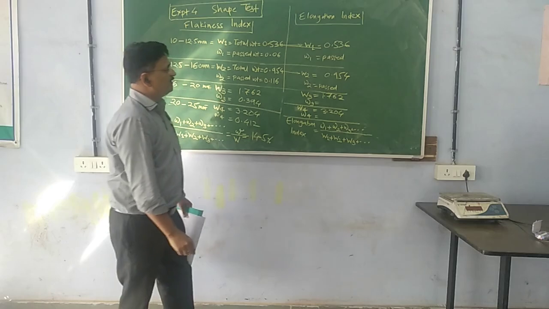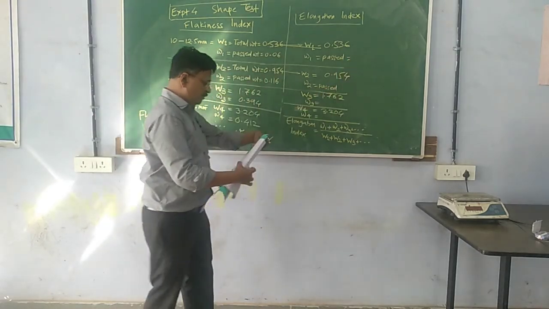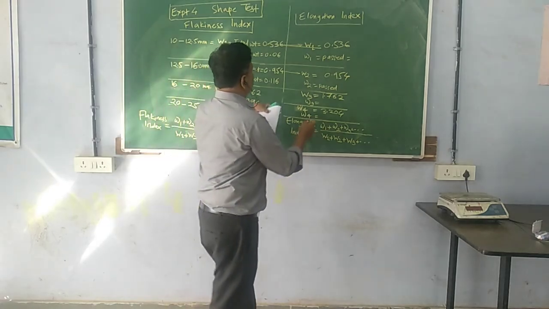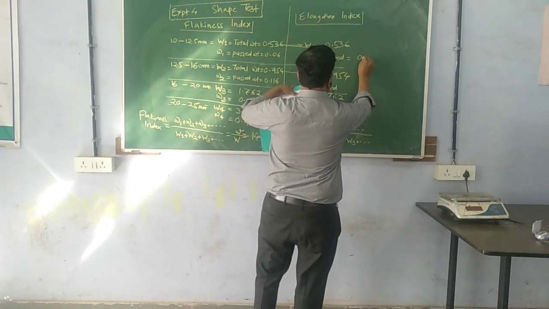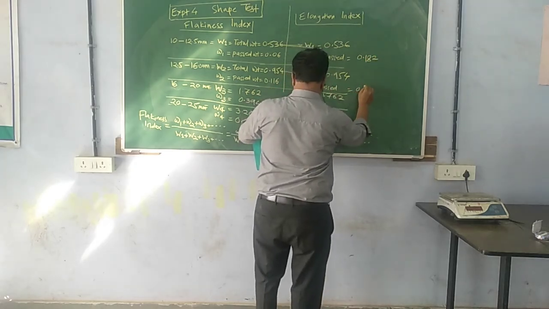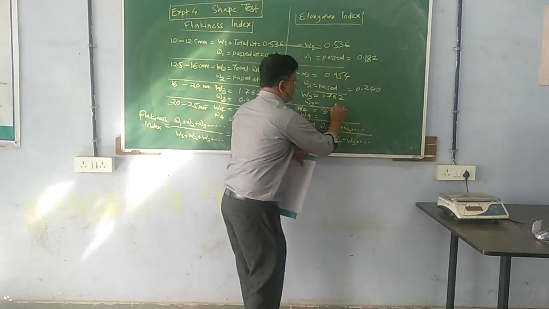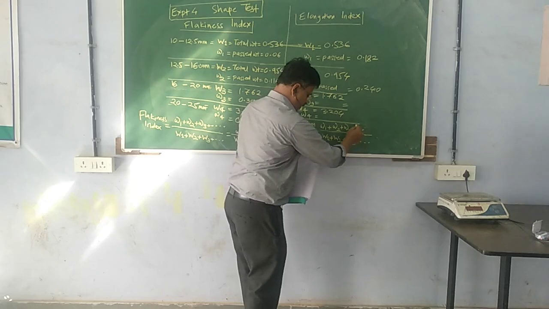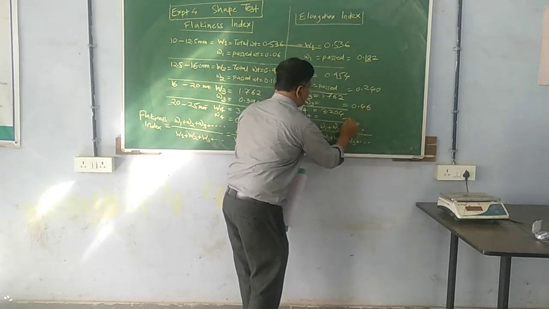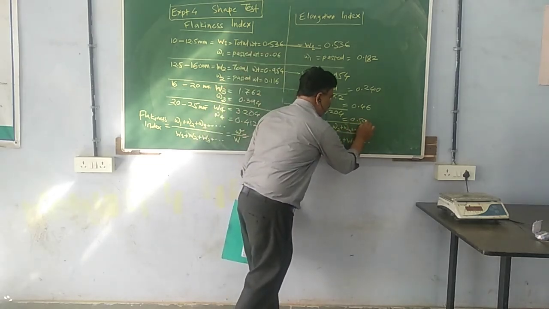Now, with reference to passed particles, those are the elongated ones. The weights are 0.182, then 0.24, then smaller W3 will be 0.46, and smaller W4 will be 0.5.